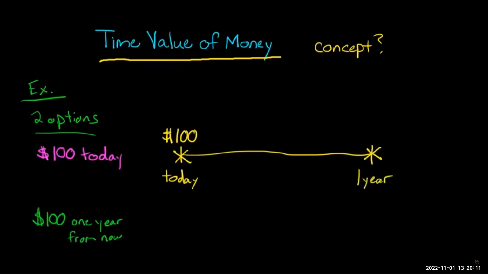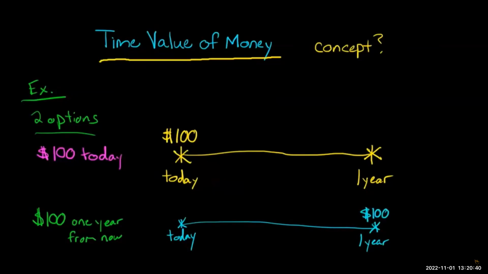Now let's go down to our other option, and we'll have another timeline. Again, right here is today, and you're not getting anything today. There's nothing here because you're getting it 1 year from now. You're going to be handed $100 right here.